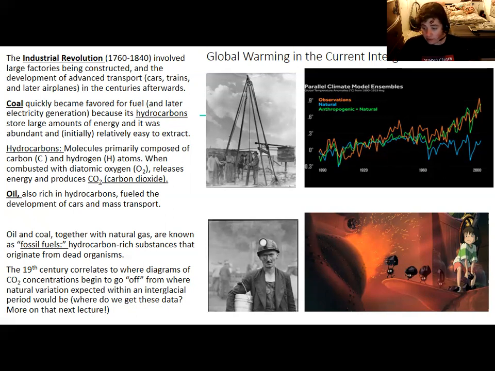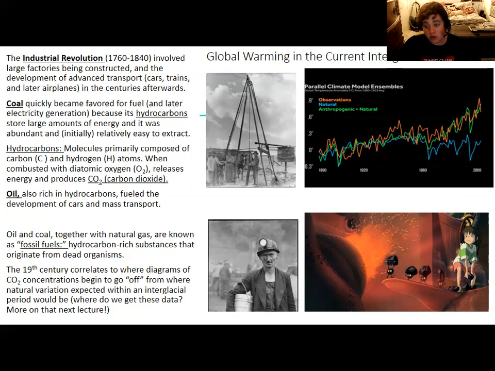The reason coal is useful for energy is because it is made of hydrocarbons. The chemical bonds in those hydrocarbons have a lot of energy, so burning them releases that energy and makes it available, at least to some extent, for people to use for machinery. And again, coal also was quite abundant and easy to extract early on.